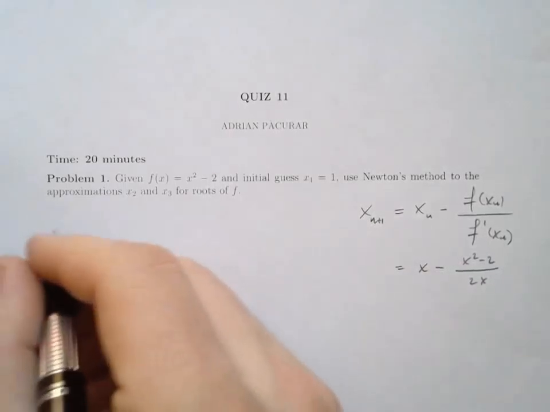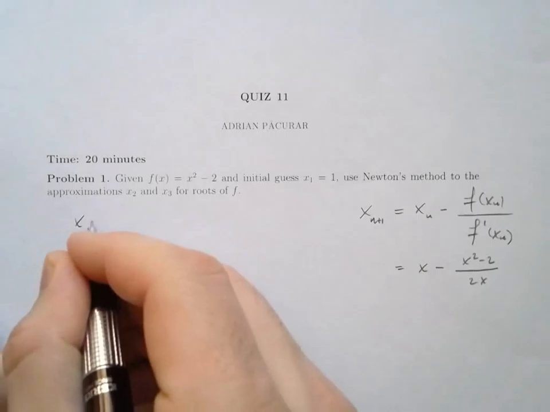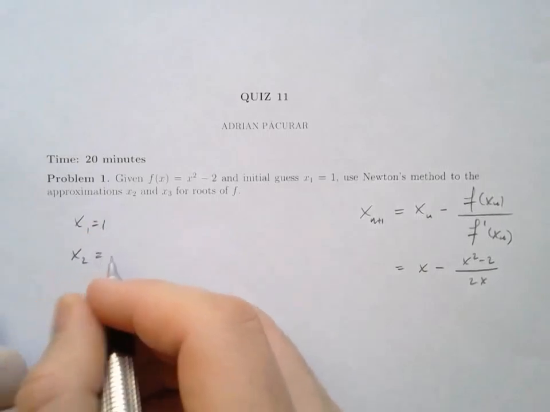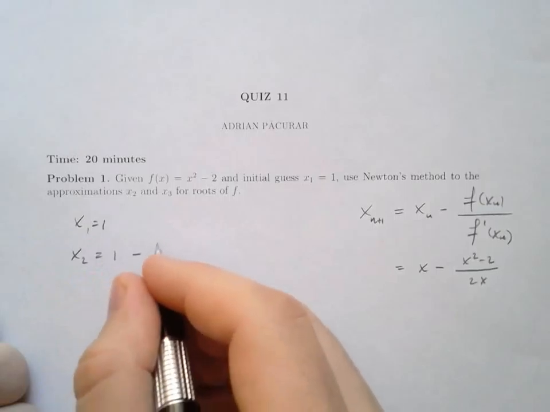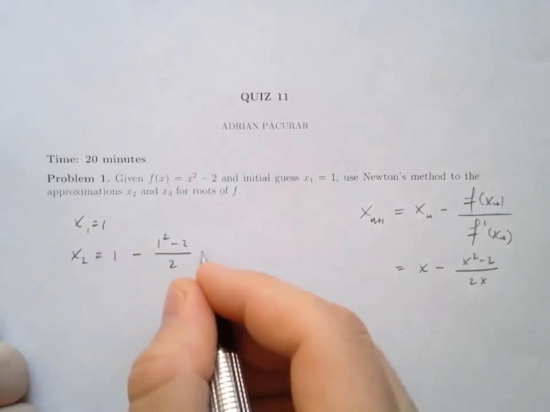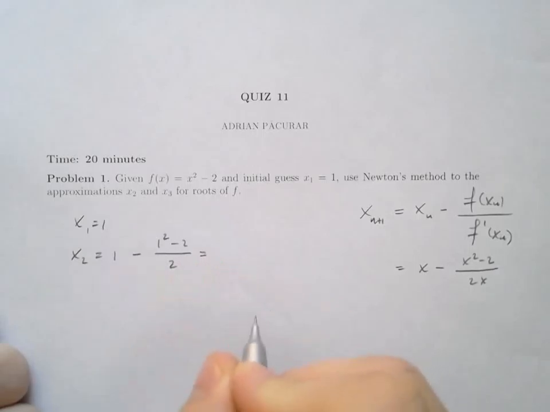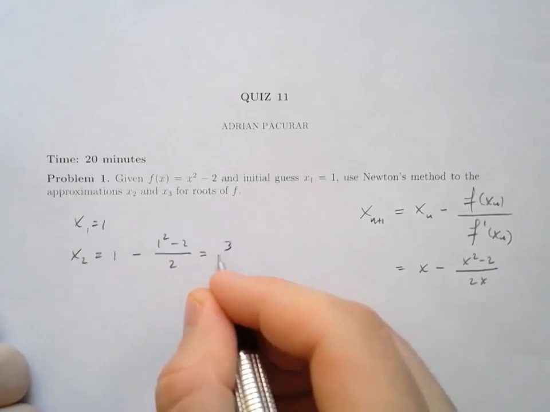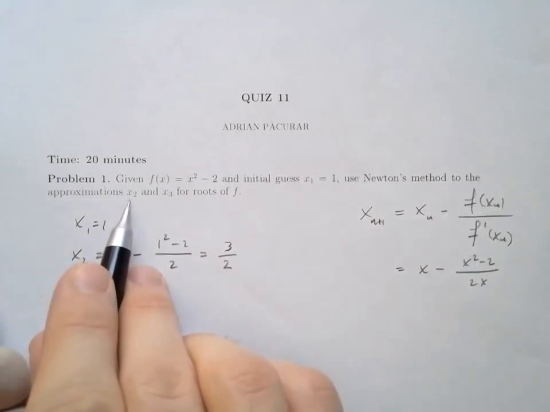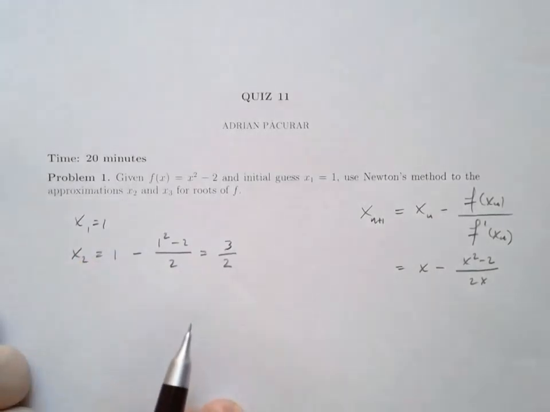Now with the initial value x1 equal 1, to get x2, that means I have to take 1 minus 1 squared minus 2 divided by 2, and if you do the computation, this turns out to be 3/2. So that would be the approximation x sub 2, 3/2.